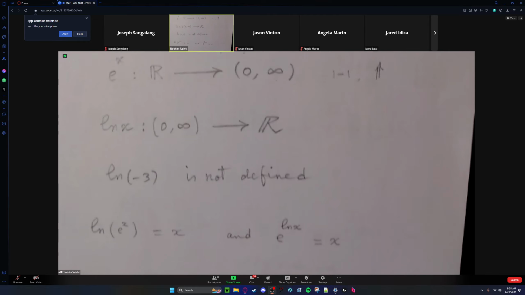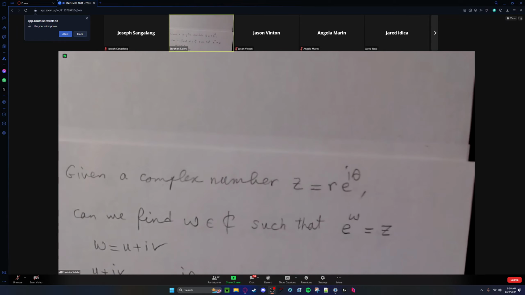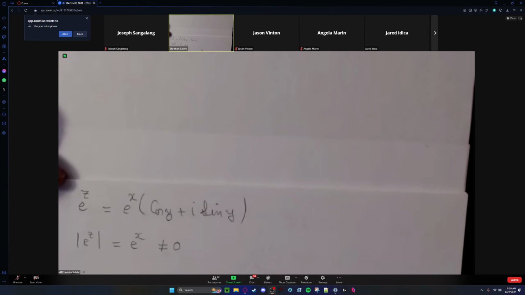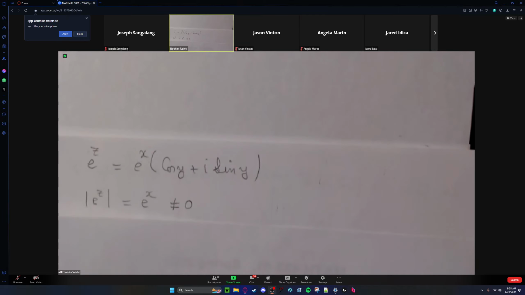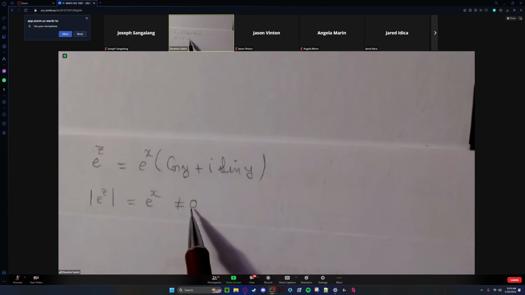Having said that, now let's go to the complex e to the z. Here is e to the z, which we already knew. When you take the modulus of e to the z, it's e to the x, never 0.